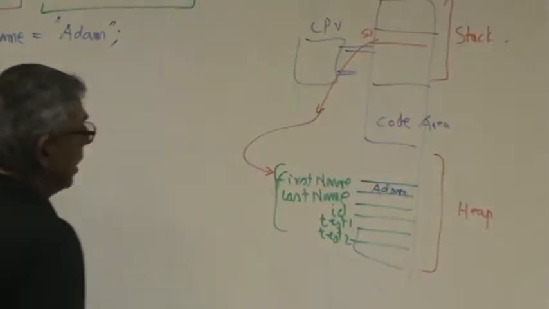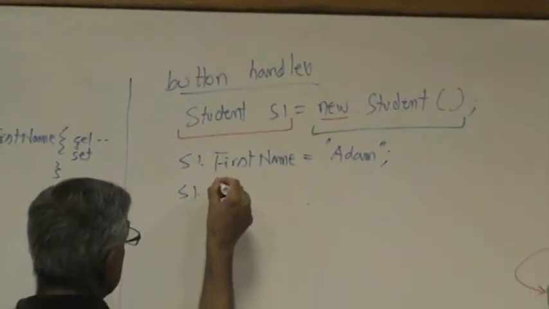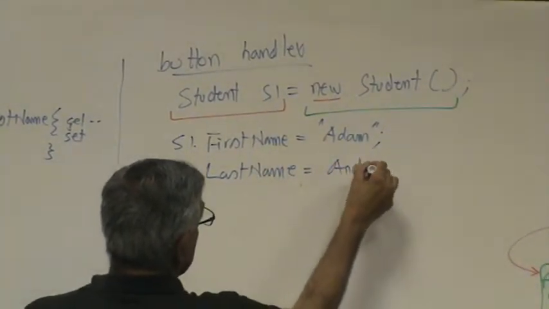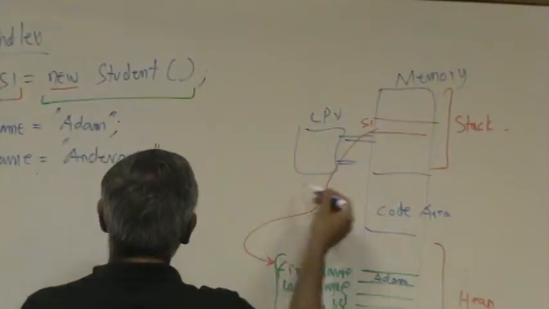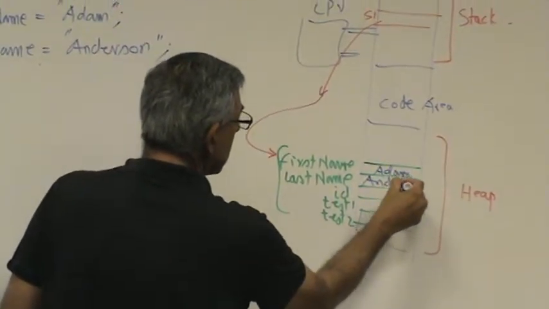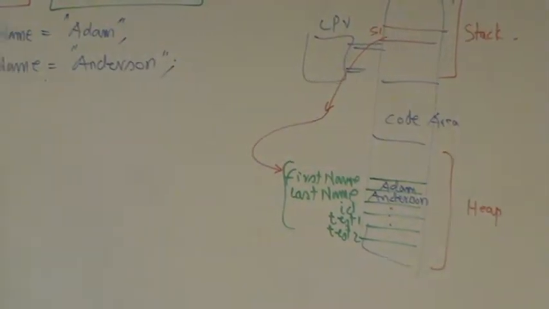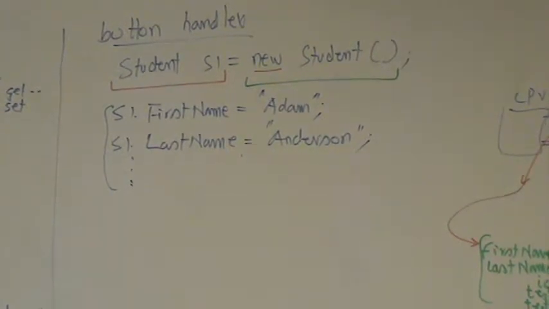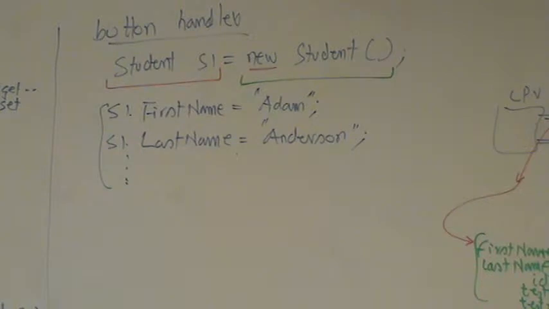Same way, what if we wanted to store the last name, let's say Anderson, so LastName equal to Anderson. We'll start from S1.LastName, locate the last name, and it will store something over here as an example, right? So how many lines of code will we need to write to initialize all the fields of one student? 5 lines of code, because we have 5 fields, right?